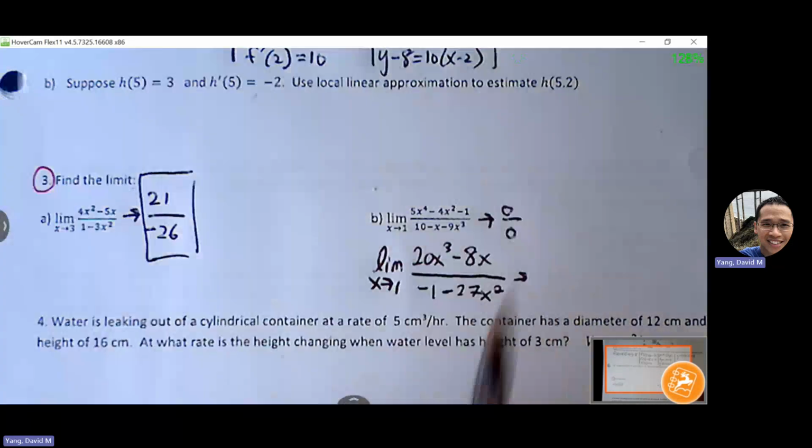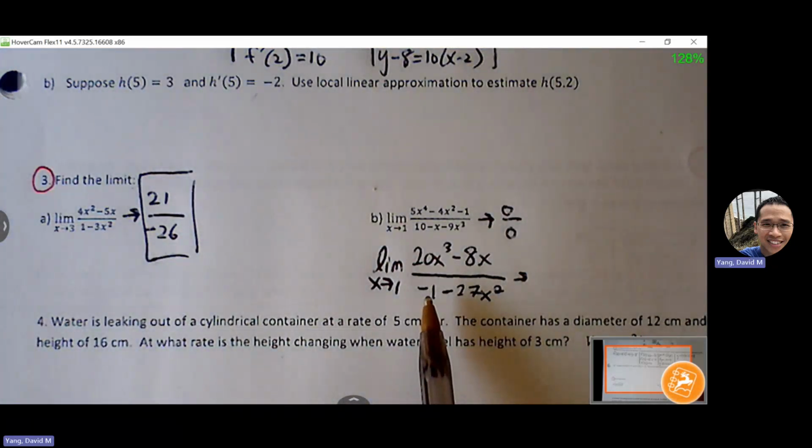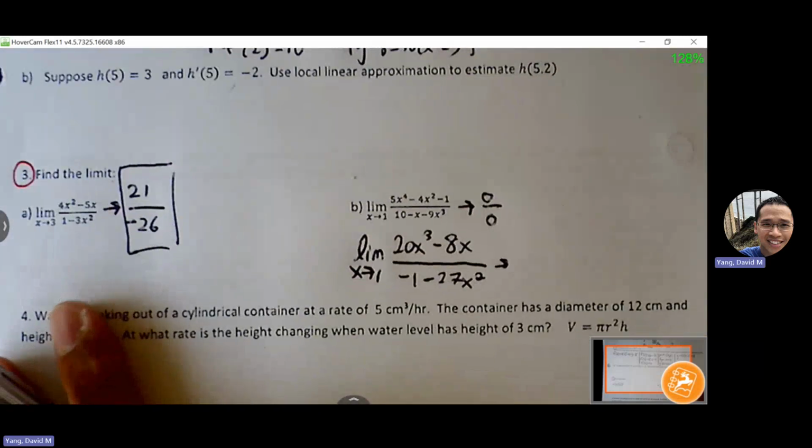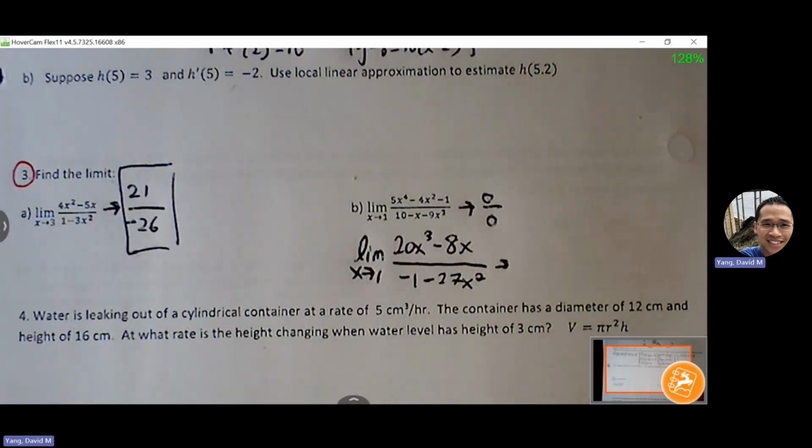Could you put the x squared in front of -1, or do you keep it? You can. It's up to you. The order is not going to matter. Okay, so plug 1 in for x. Direct substitution now.